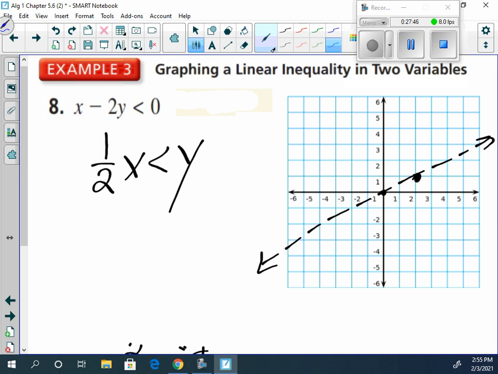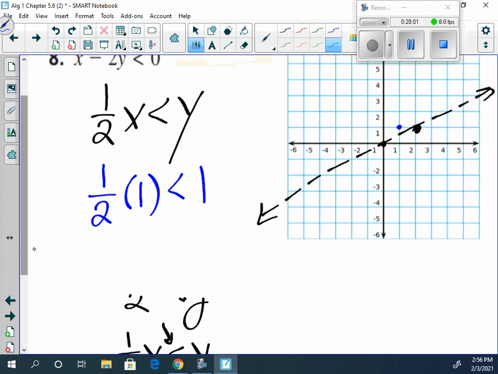What point do y'all want to use? Because we have a lot of other points. 1, 1. And it doesn't go through the point 1, 1. And so to test it, we're just going to plug 1 and 1 in. So what is 1/2 times 1?